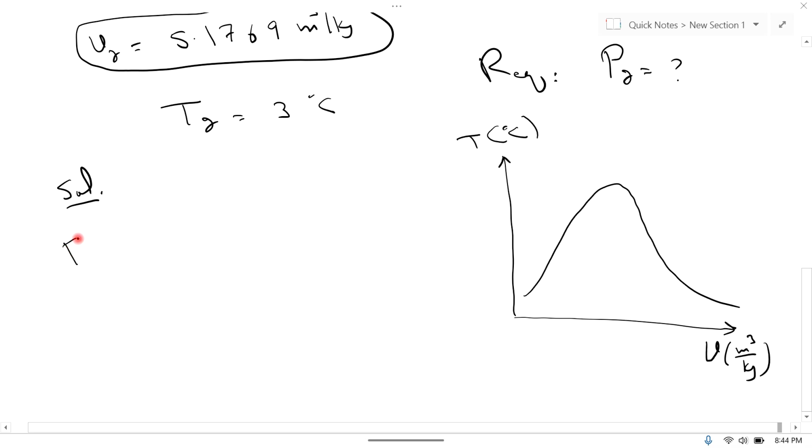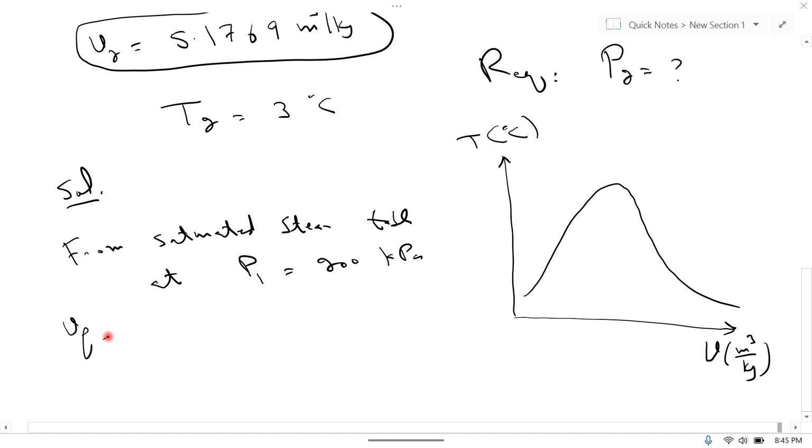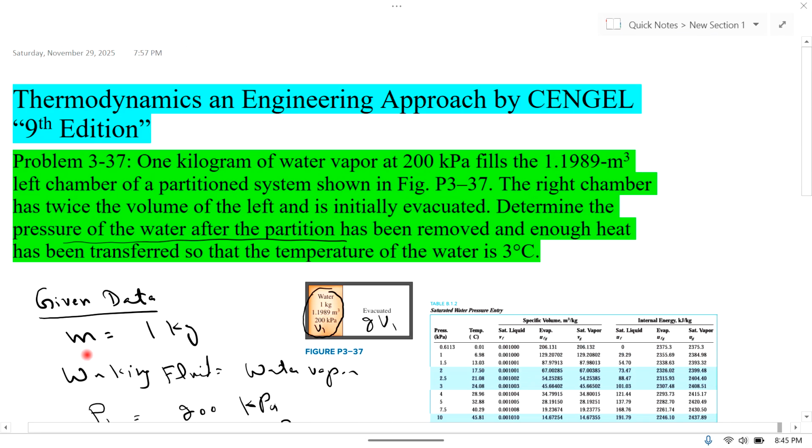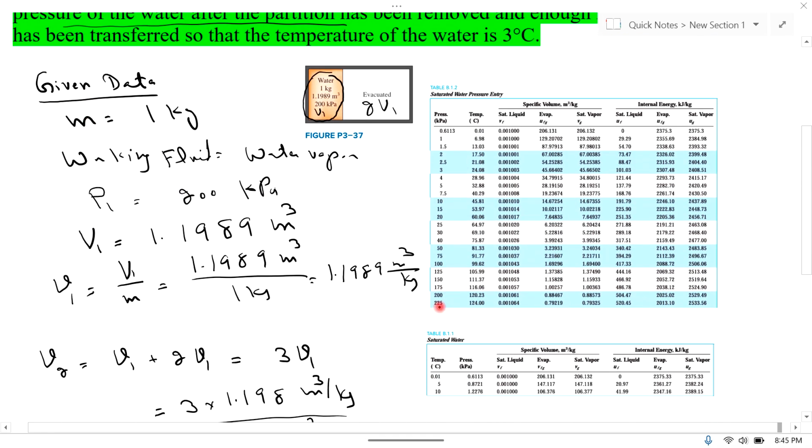So from the saturated steam table, at pressure equal to 200 kilopascal, find Vf and Vg. This is the saturated steam table, and this pressure is 200 kilopascal.